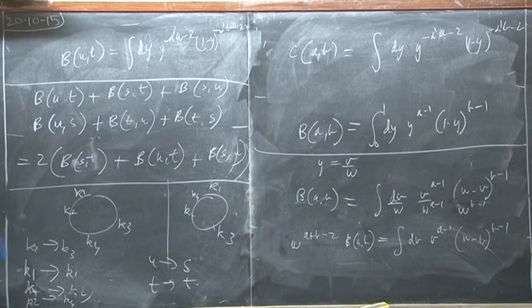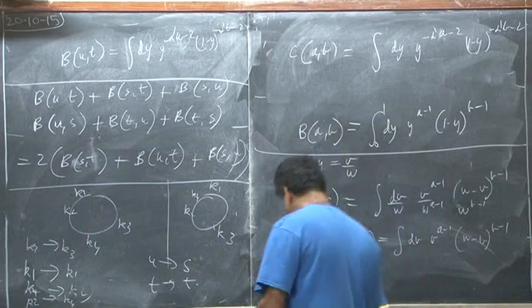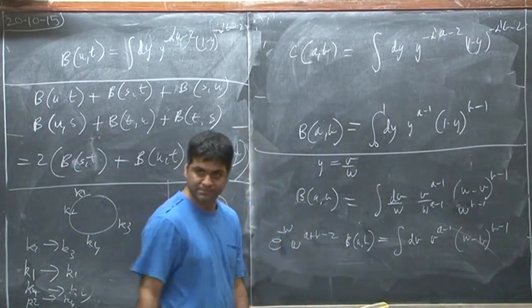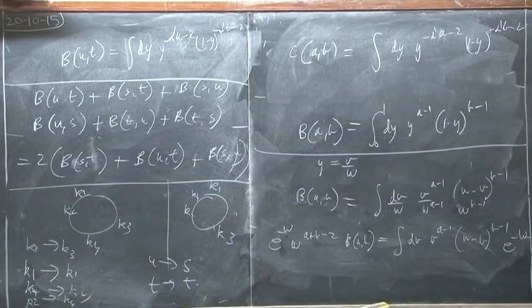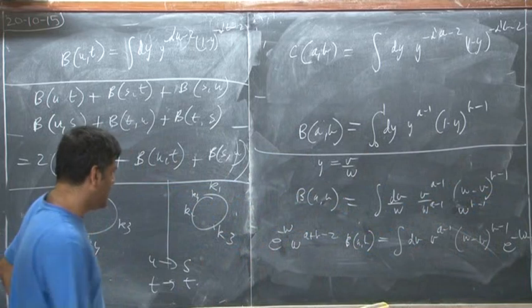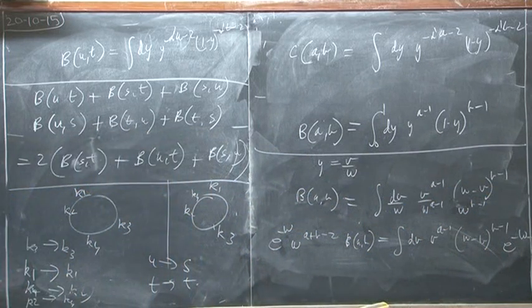Okay, so far so good. Now what we do is take both sides of this equation and multiply by e to the power minus w. And then we integrate this equation from 0 to infinity.